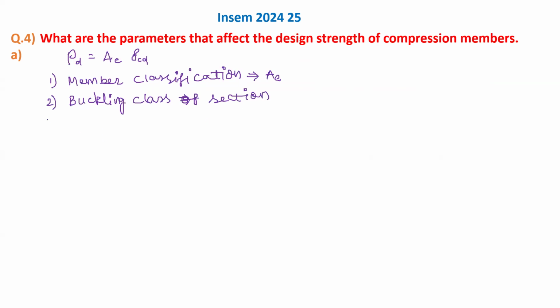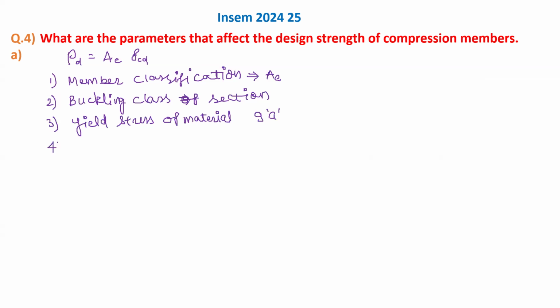Then we have third, yield stress of material. Again, it may affect your value of FCD, because if you go to table 9 A, B, C, D, then your FCD value depends upon yield stress of material, that is Fy.